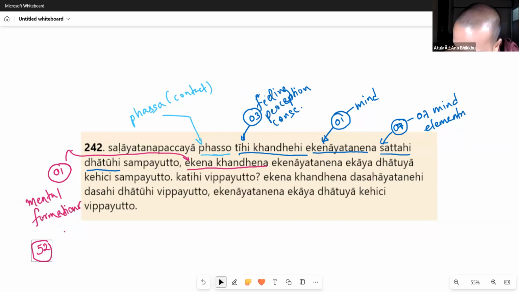Right. So in the 52 mental factors, for Vedana, we get one mental factor. For Sanya, another mental factor. Then for Sankara, we get the other 50, right?